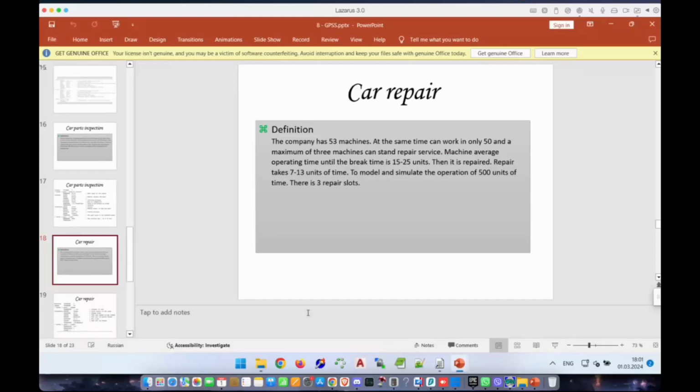It's known that the conveyor of the production works with only 50 machines, and let's say they are all the same. So 50 machines are working on the conveyor, and it's known that there are only three repair guys who can repair machines simultaneously. Simultaneously means that we have three guys, so only three machines can be fixed at the same time.